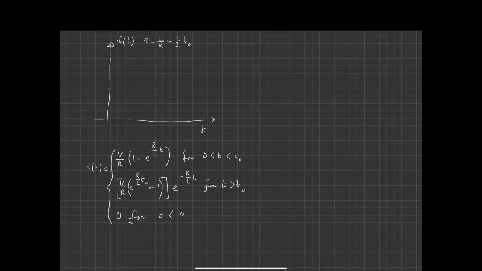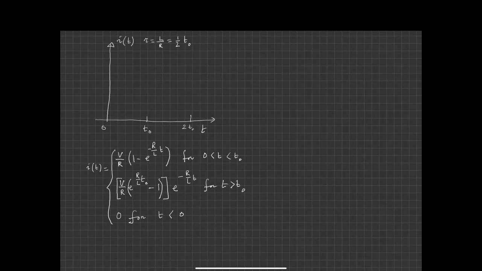All right. So this is 0. Let's make this T naught, and this will be 2 T naught.